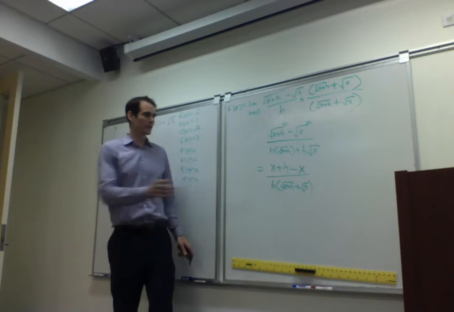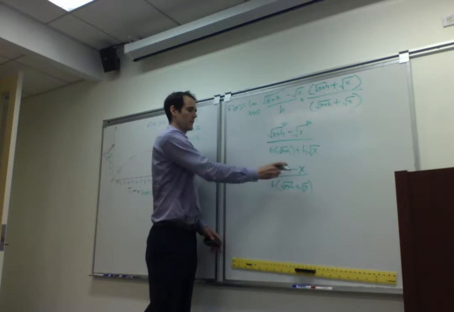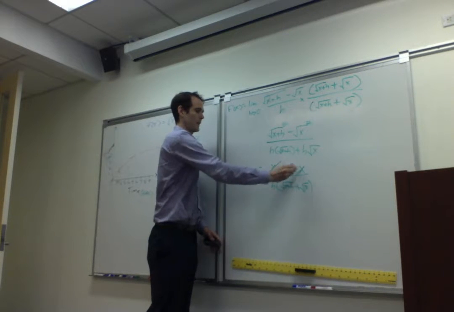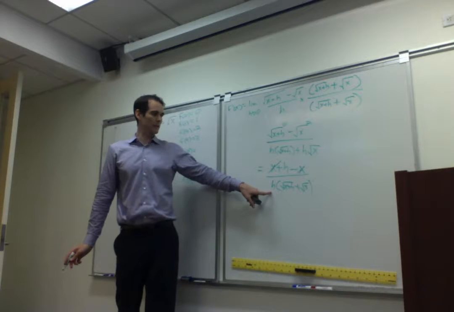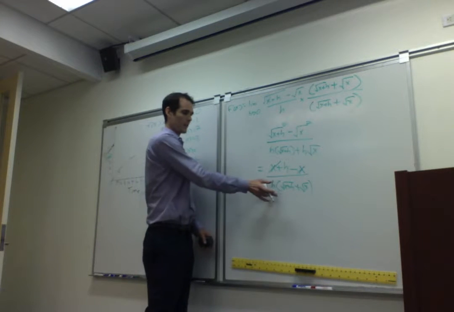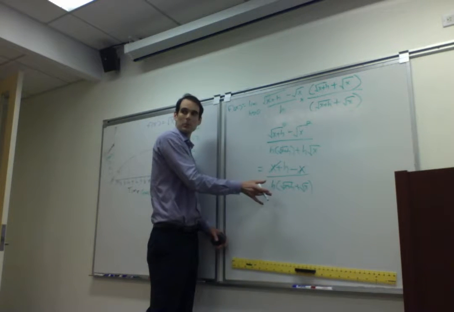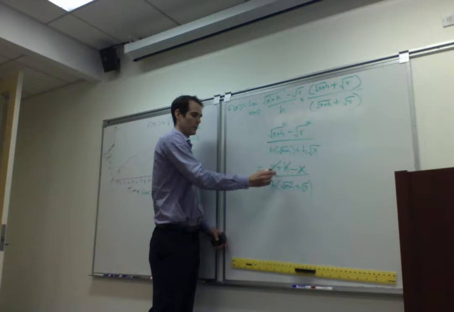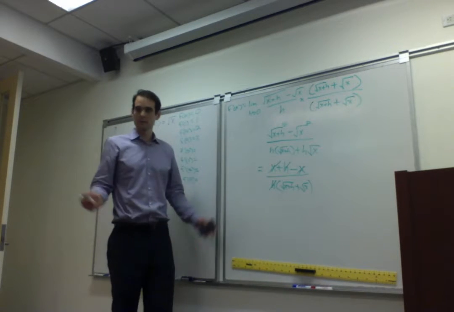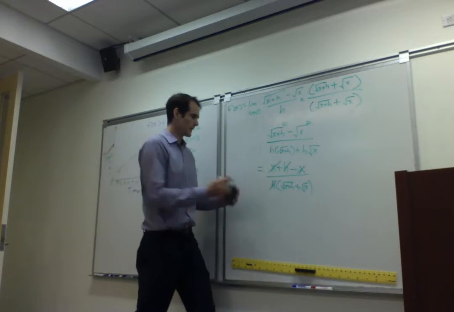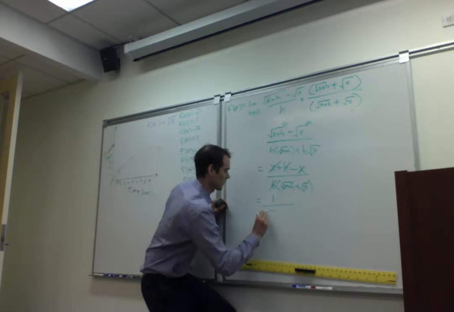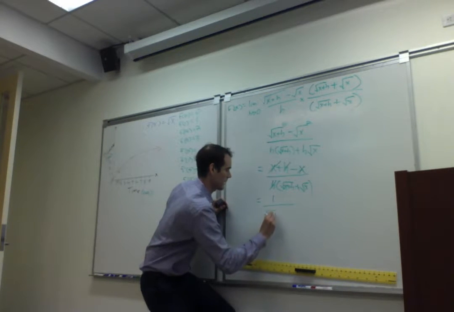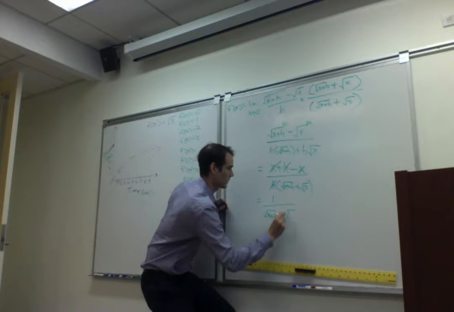And we can. The x plus and the x minus cancel each other out. And now we have h on top, h on bottom. As long as we have this h on the outside of the brackets multiplied by something, we can cancel those. Now we're rocking and rolling. We have 1 over the square root of x plus h plus the square root of x.